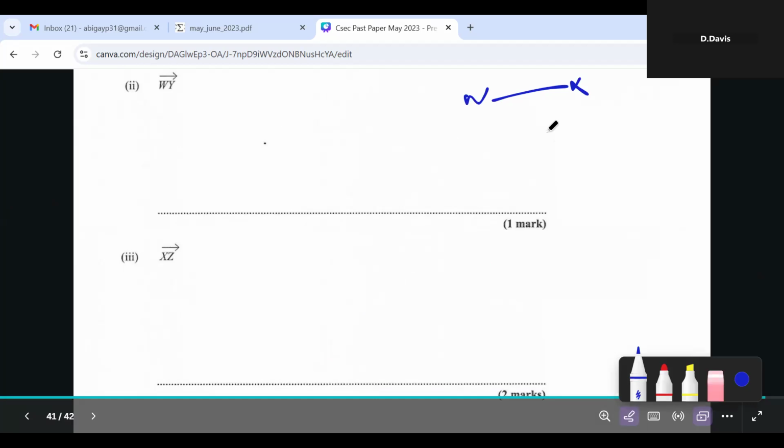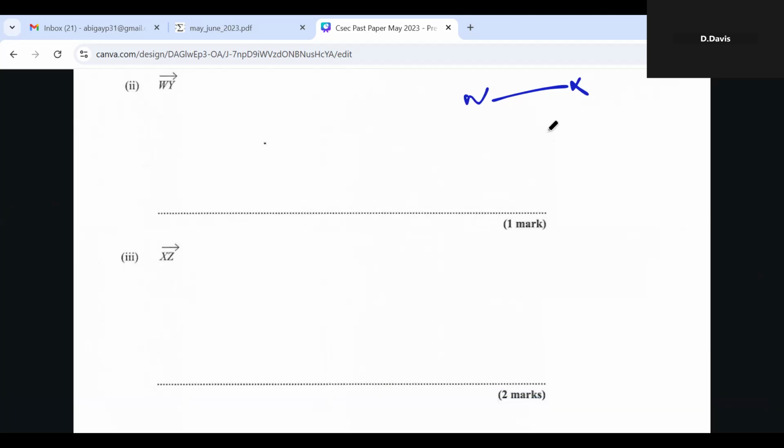And then I can move W to Y. So this is Y down here. To get WY, we must know WX plus XY.